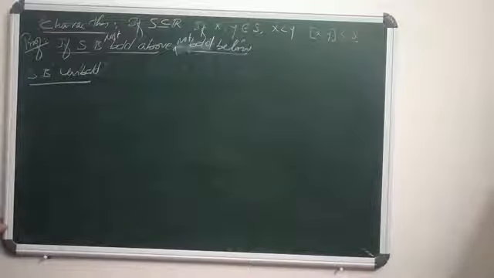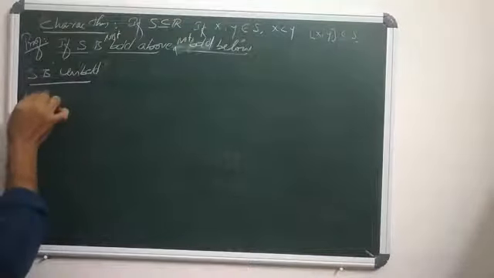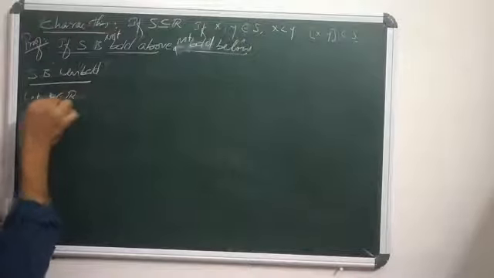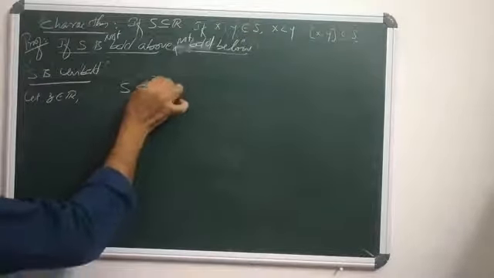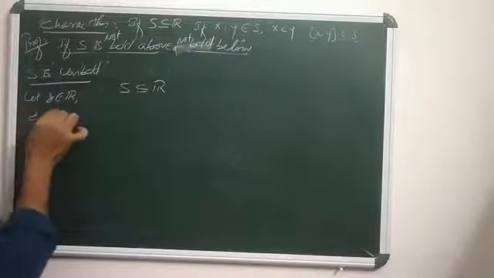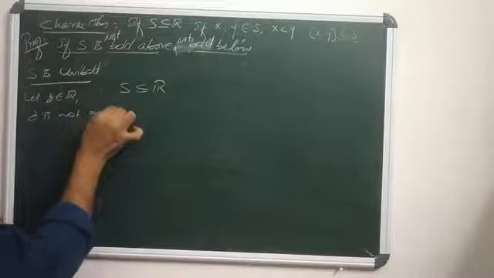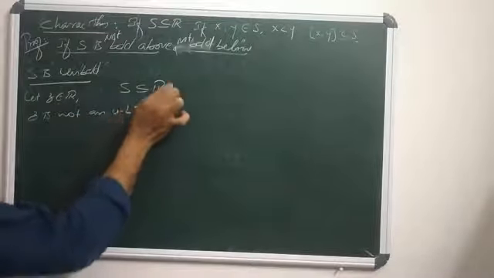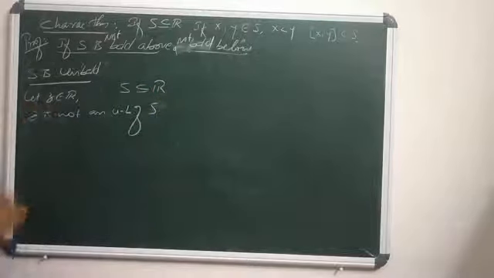So, let's take the following number. Let Z be any real number. And what does it say? S is a subset of R. Clearly, Z is not an upper bound of S. Why? Because S is not bounded above.